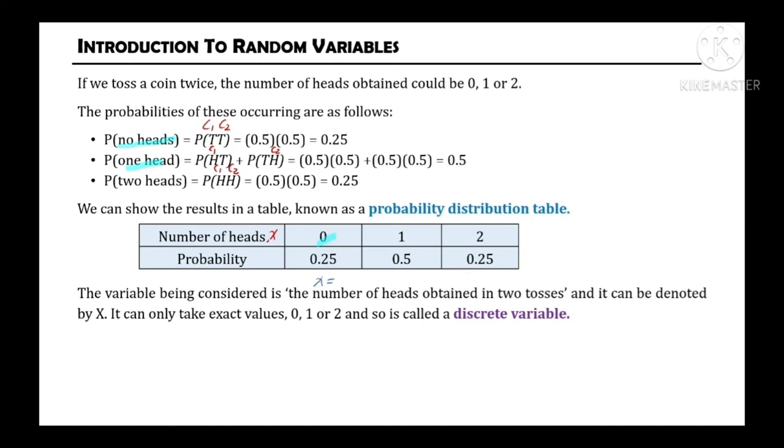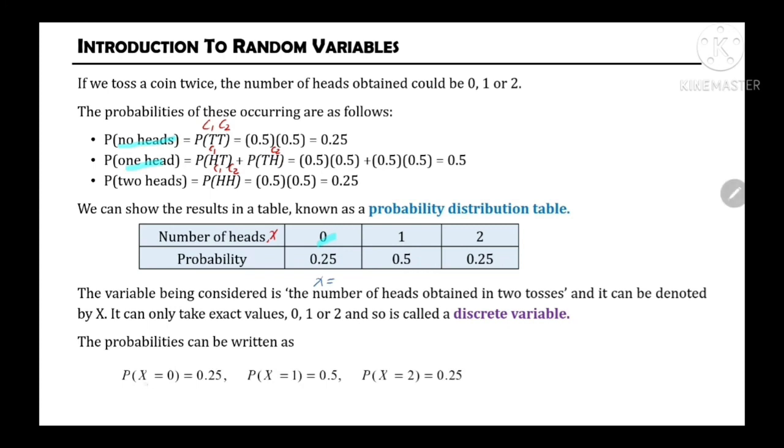The probabilities can be written as P(X=0) = 0.25, where X equal to 0 means probability of no head here. And P(X=1) = 0.5. And P(X=2) = 0.25.